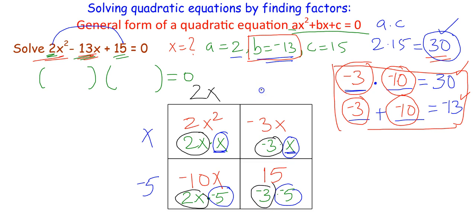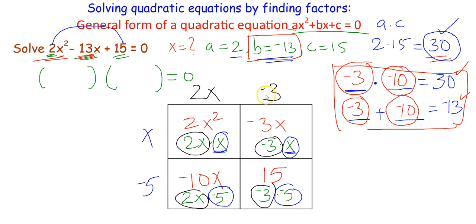That common factor comes here. Alright. Now from this rectangular box, each and every term is separated and factorized, and you are left with 2x minus 3 and x minus 5.